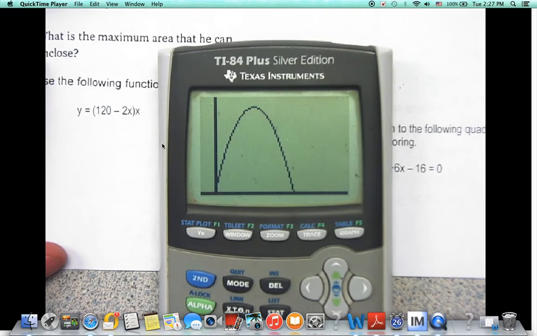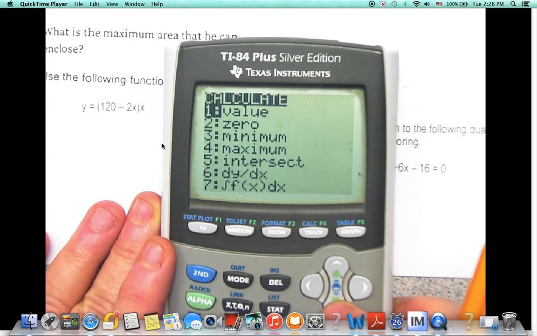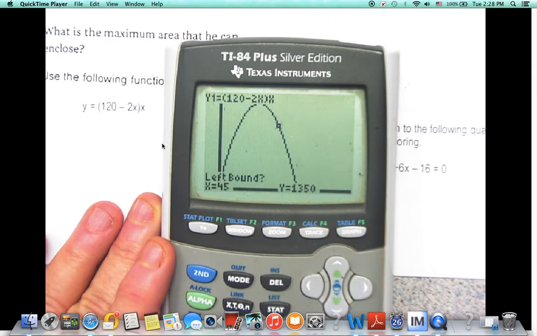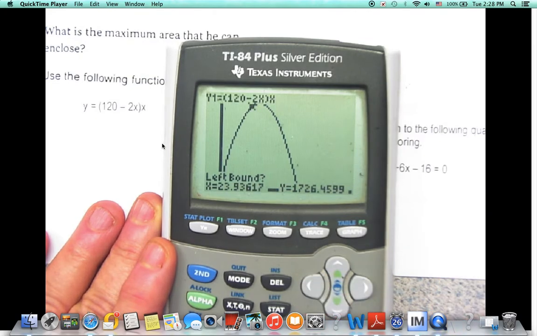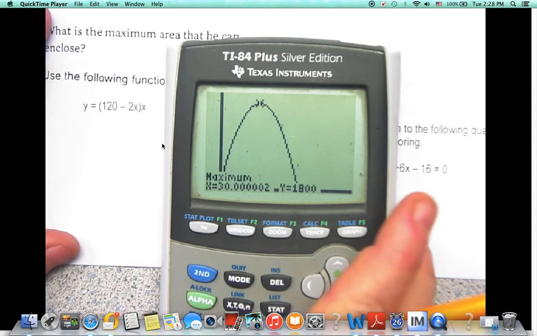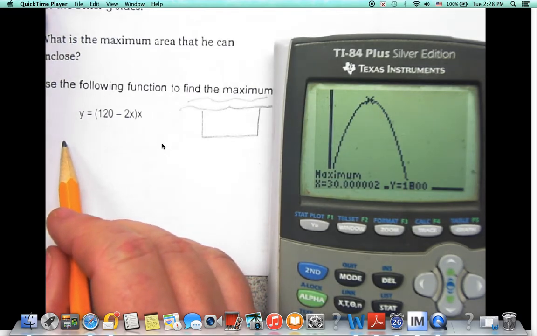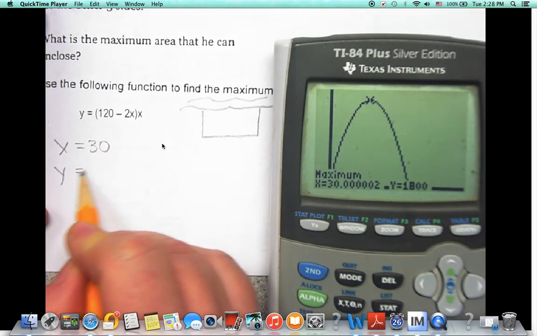All right, so second trace, what are we finding? Max. So left bound would be left of the vertex, right bound to the right of the vertex. Okay, so maximum is x equals 30 and y equals 1800.